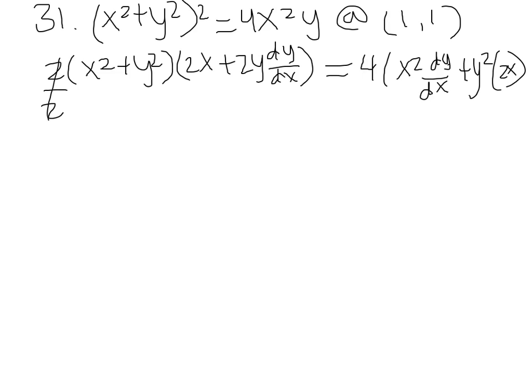And then we are going to divide by 2, so we can get a 2 on both sides. And then we're going to distribute like terms, so we're going to FOIL on each side.